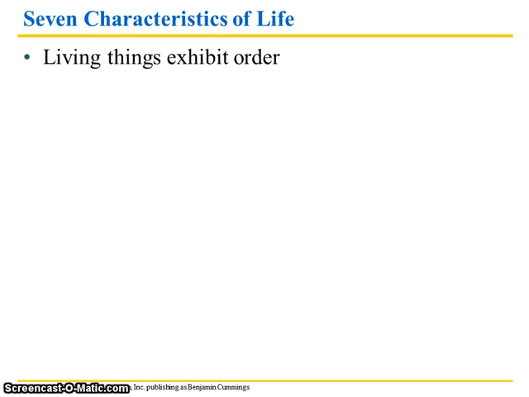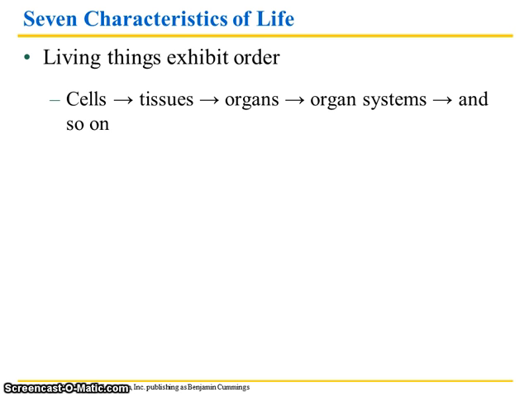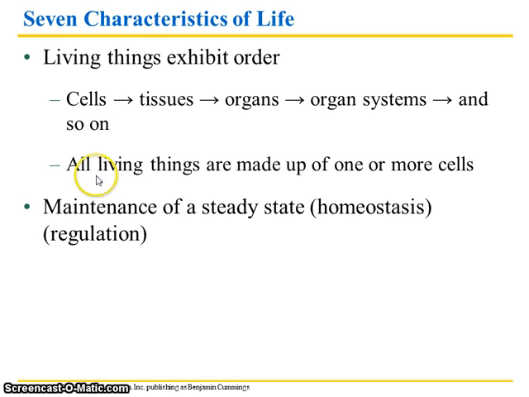Okay. So when you talk about life, there are 7 characteristics that we say every living thing has to have in order to exist and be considered alive. First, they exhibit order. What that means is they are at least made of cells. That's the cell theory. They've got different parts. Going on with the cell theory, all living things are made up of cells.